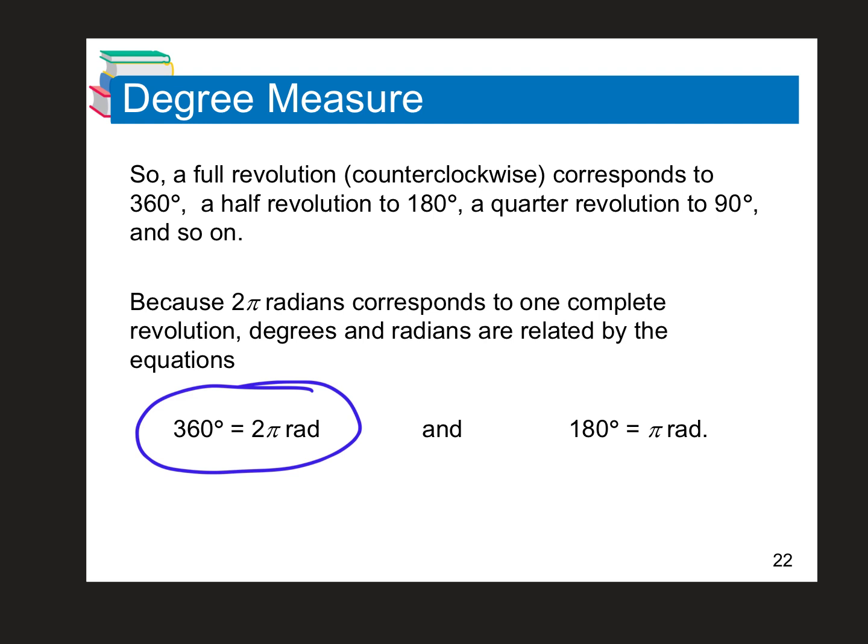So if I cut 180 in half, I get half a circle. If I take 2 pi, which is a whole circle, and cut it in half, what do I get? Pi. That's the same as half of a circle. Does that make sense? If I cut this in half, what's 180 in half? 90. If I take pi and I cut it in half, it's pi over 2. Okay? That's how the conversions come about.